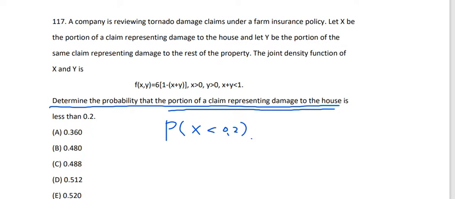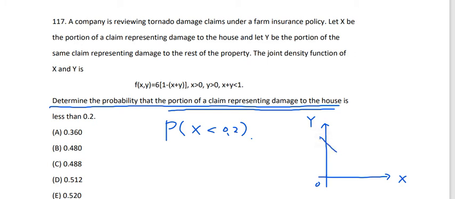This is not a conditional probability, just a regular probability. For finding the probability, this is two-dimensional, with two variables, x and y. The range is x larger than 0, y larger than 0, x plus y less than 1.